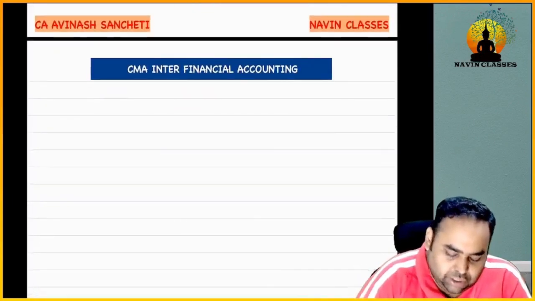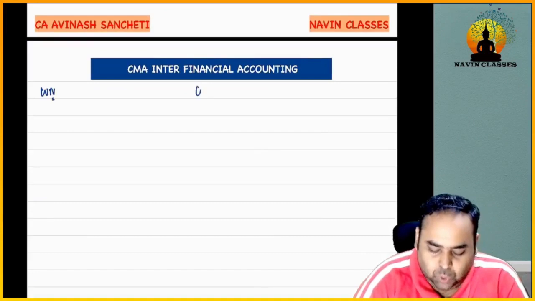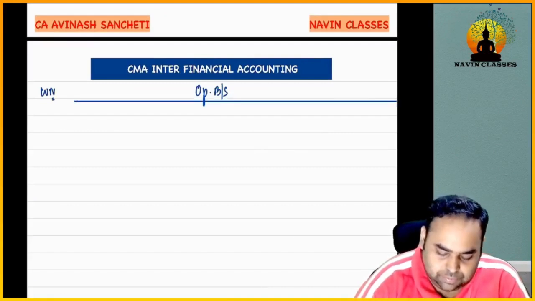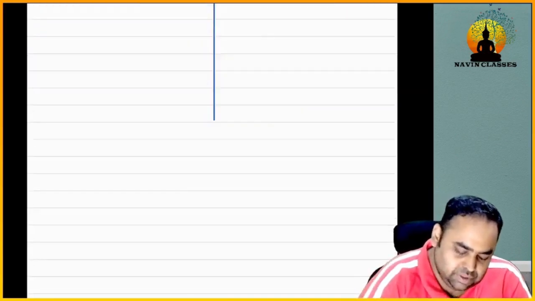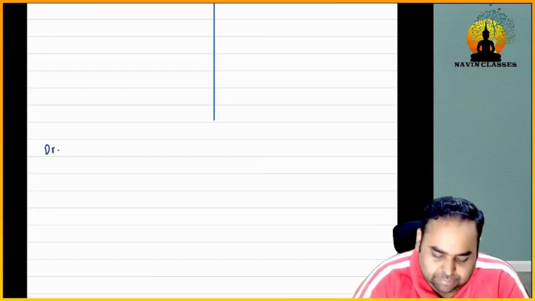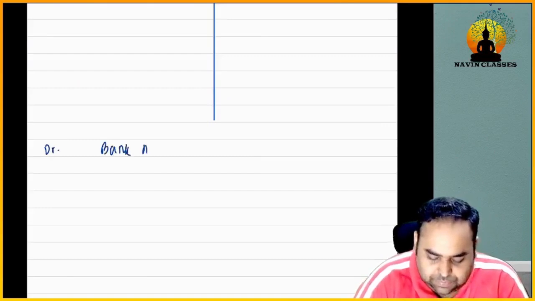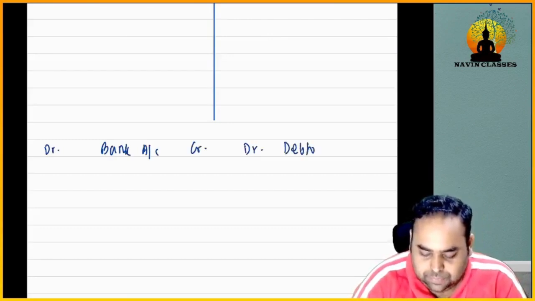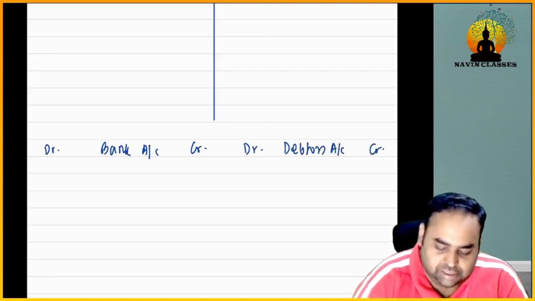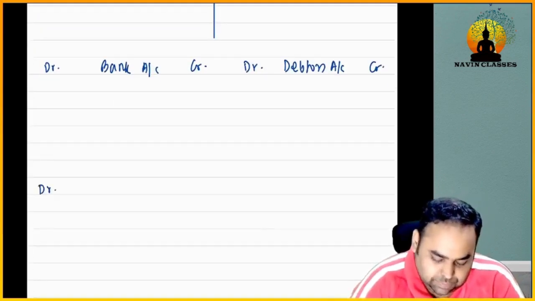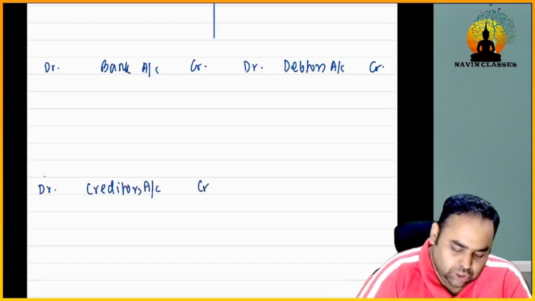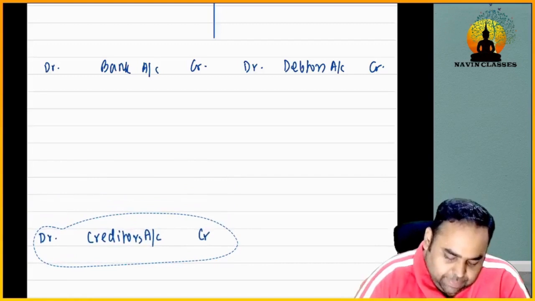Then I need to create, in a working note, the opening balance sheet. Then next, what I need to create is a bank account, debtors account, creditors account. This much will be enough for my work to be done. If anything else is needed, we'll create it separately later.